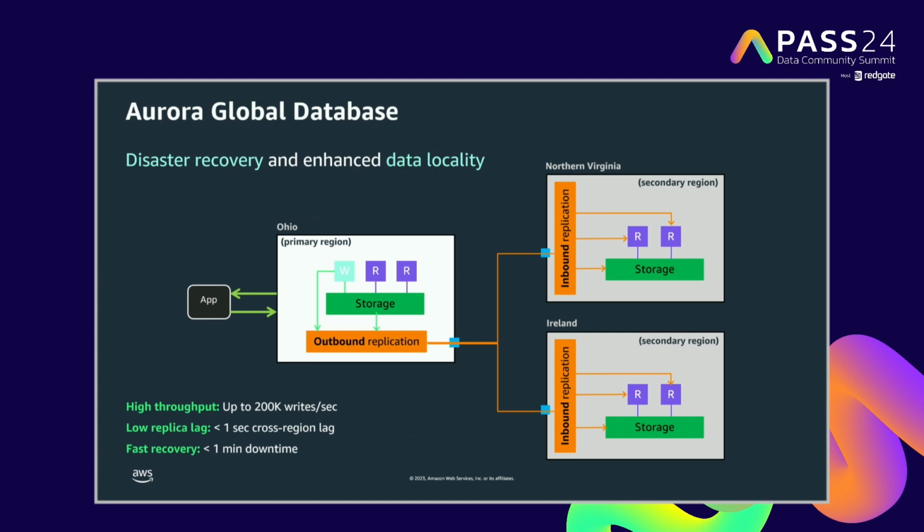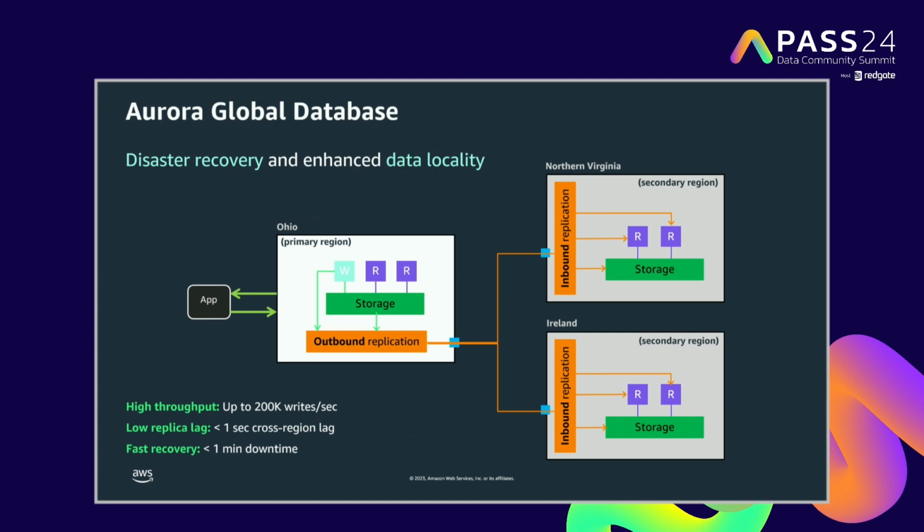Let's say I configure RPO as 5 minutes. If there is a delay in replication between these 2 regions which is more than 5 minutes, then it stops the traffic from the application because of the delay.